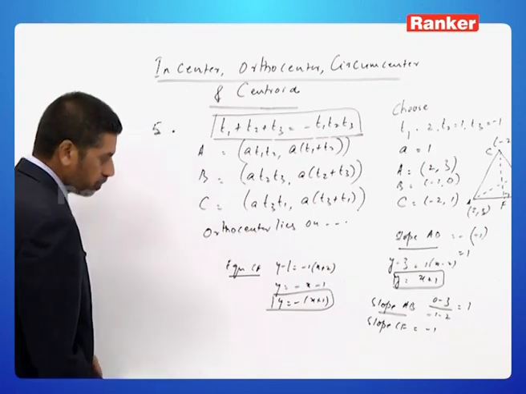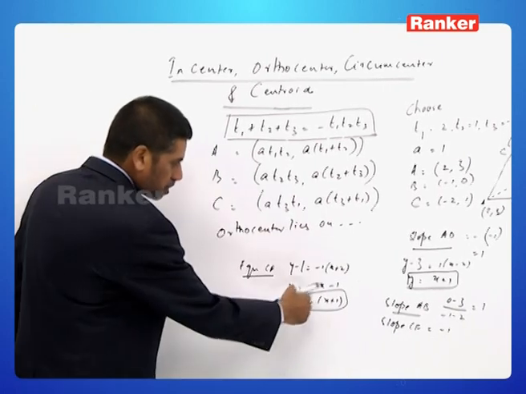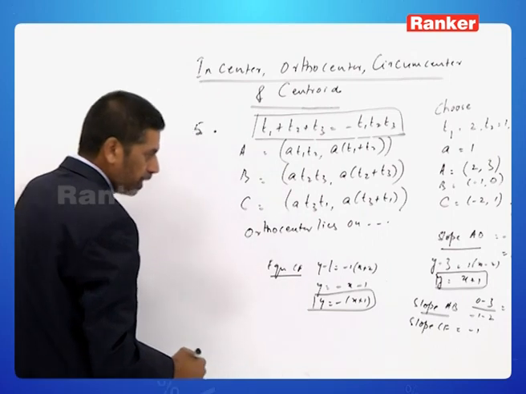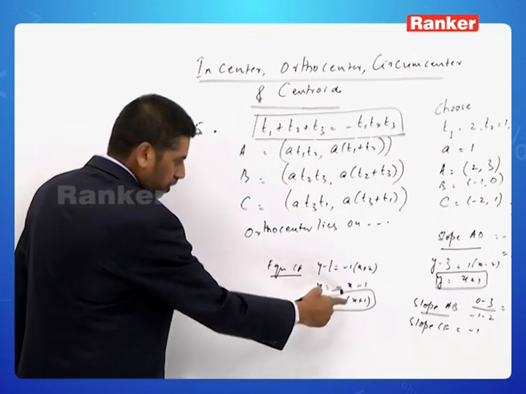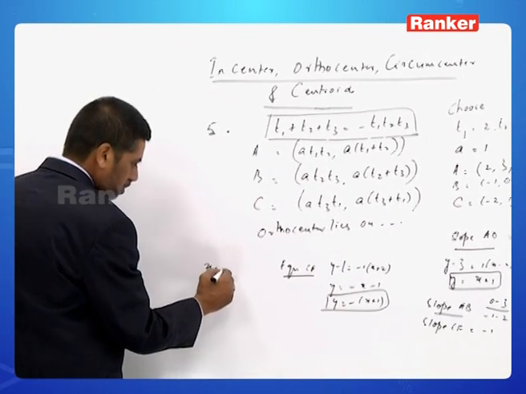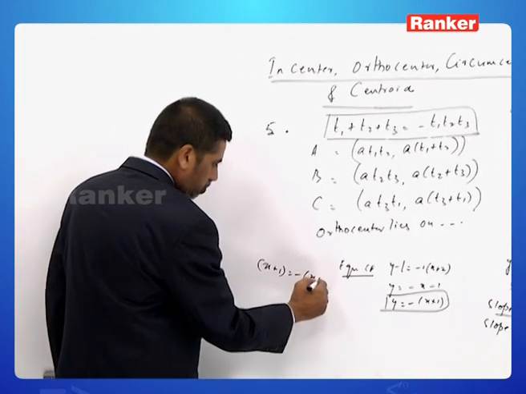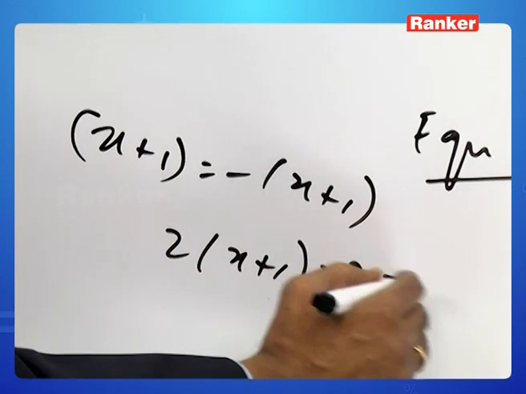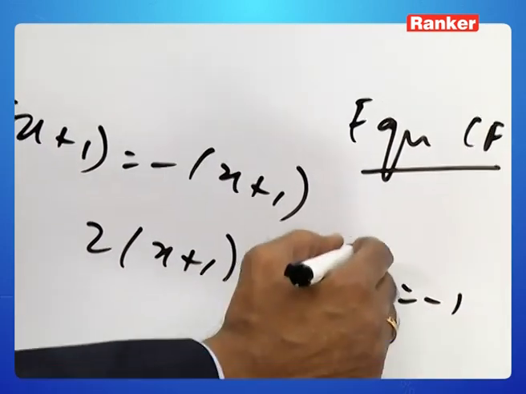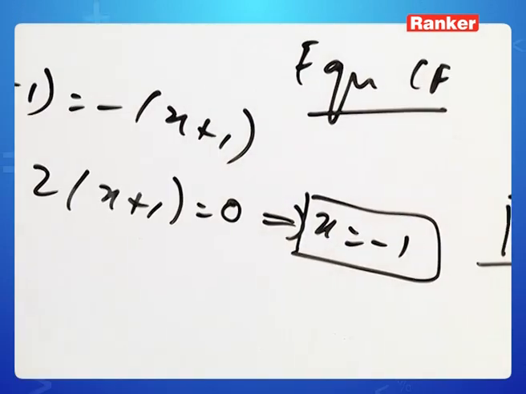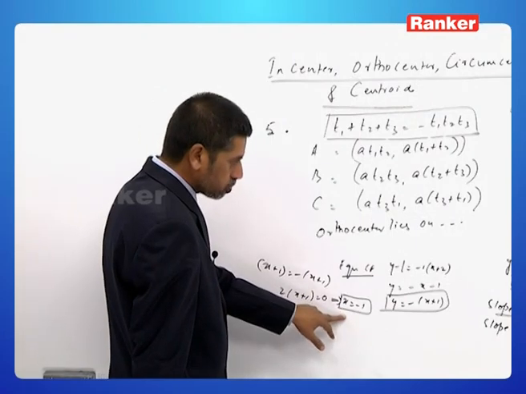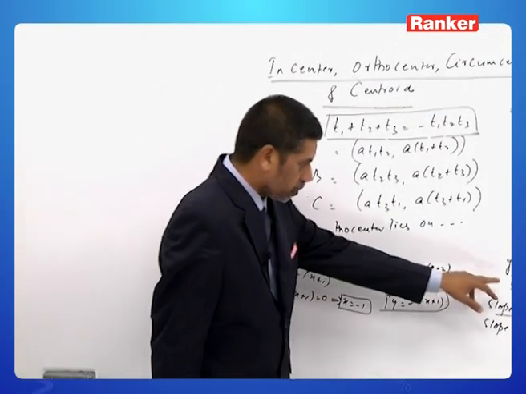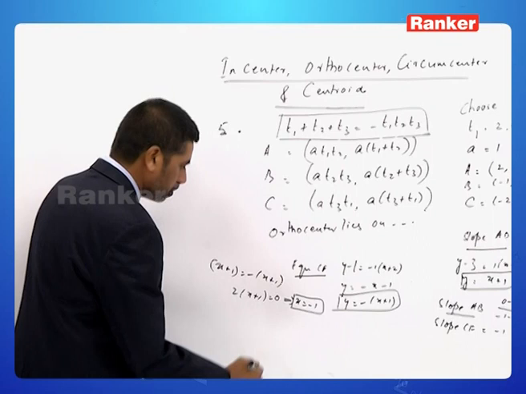So, if you solve these two equations, because the left hand sides are both y's, x plus 1 is equal to minus of x plus 1. So, when you write x plus 1 is equal to minus of x plus 1, you will get 2 times x plus 1 is equal to 0, implies x is equal to minus 1. X is equal to minus 1, when you substitute in any of these two equations, you will get y is equal to 0.